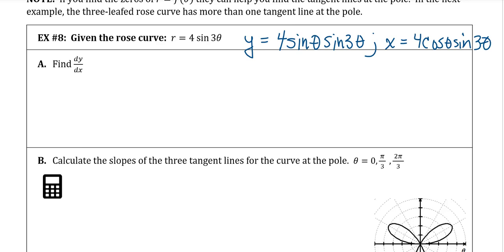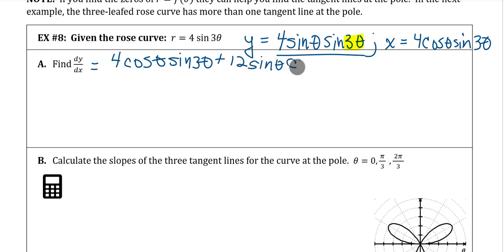Okay, so now I can take my derivative. So dy/dx is going to be, I'm going to have to use the product rule and chain rule because I have a 3 theta here for y prime. So I am going to get 4 cosine theta sine 3 theta, and then plus 12 sine theta cosine 3 theta.